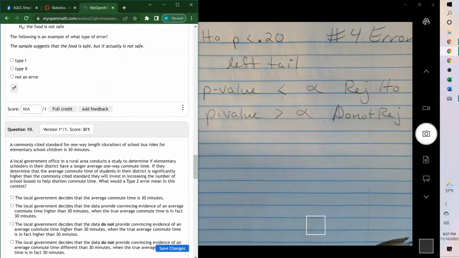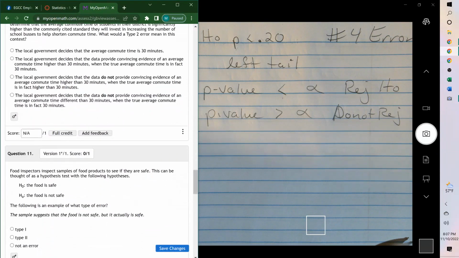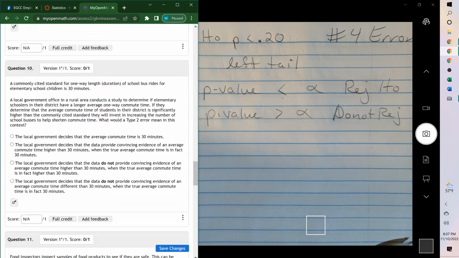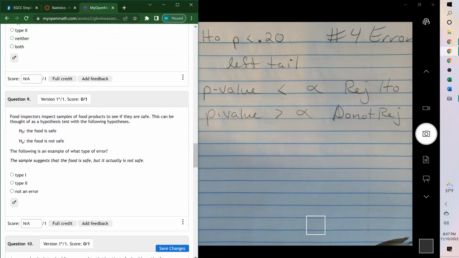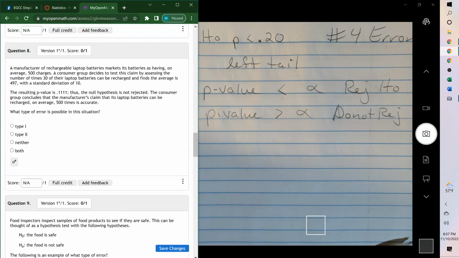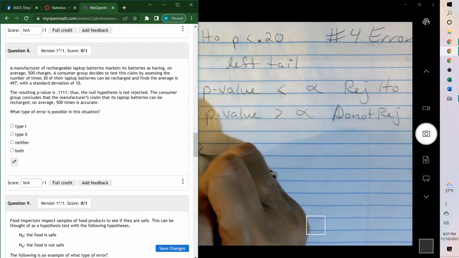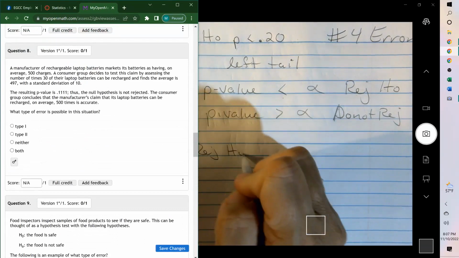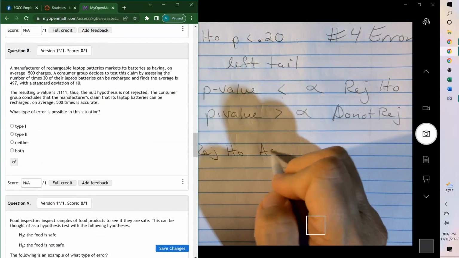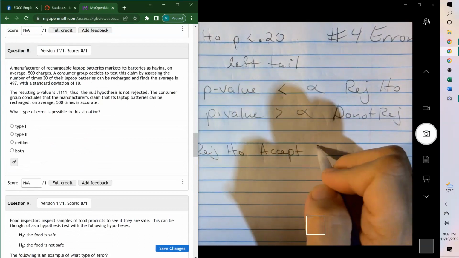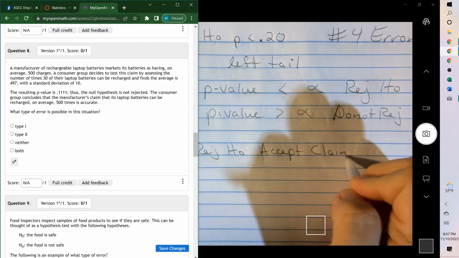Oh, I hate the error one. So, Mr. J, in regards to terminology, when we reject and fail to reject, is that another way of saying we agree and disagree with the test? Yes, if you reject H sub 0, you're accepting the claim of the alternative.